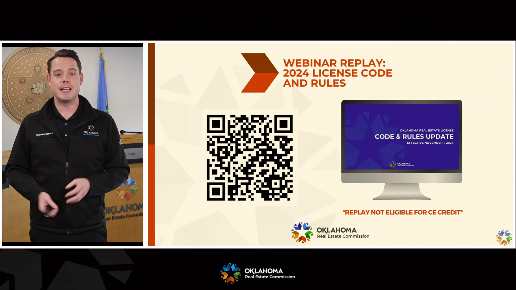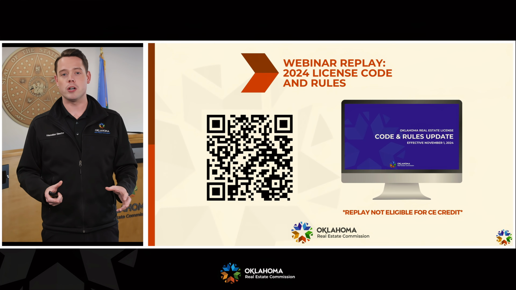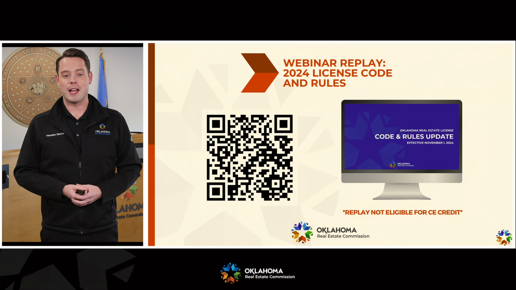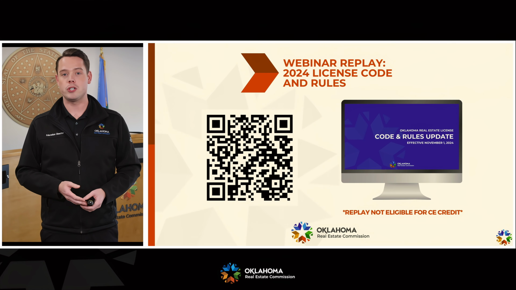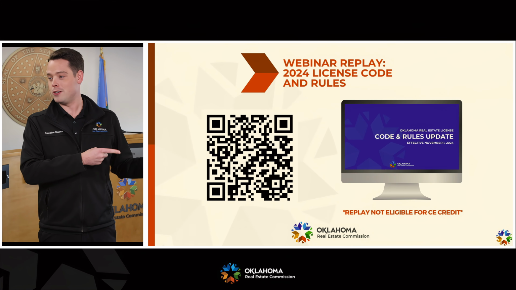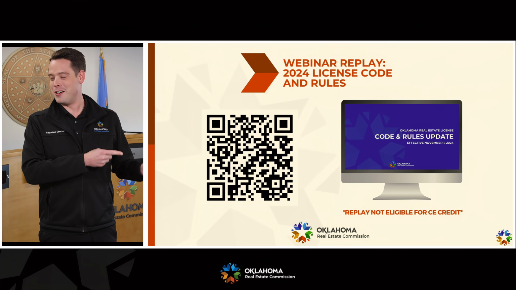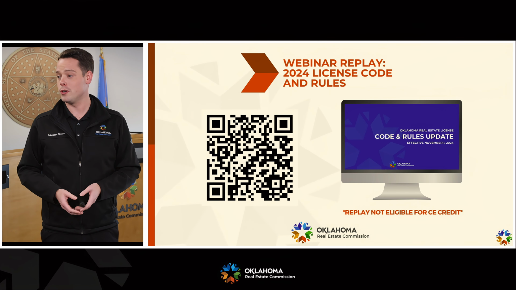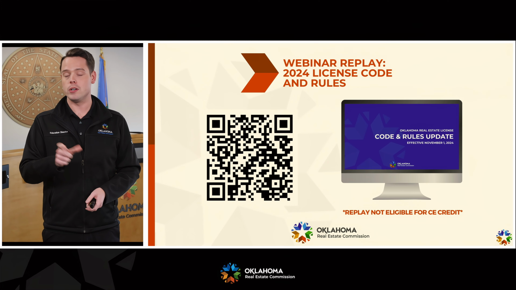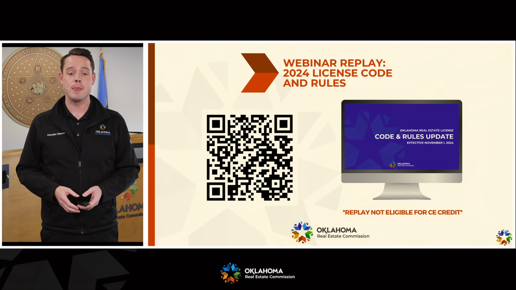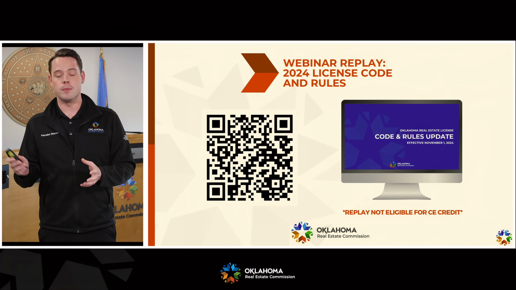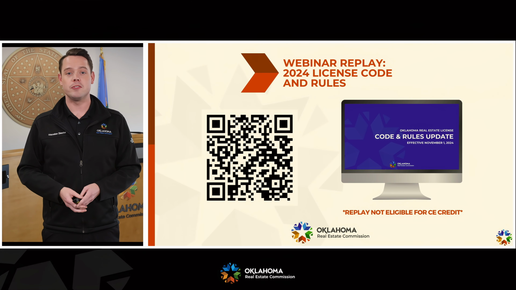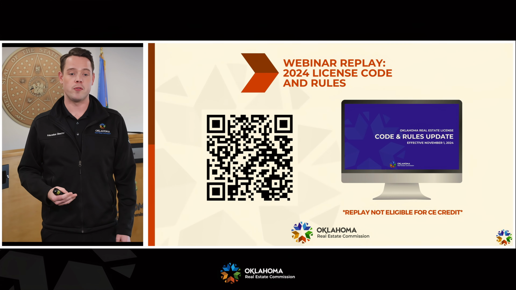As we get started today, if you missed our last webinar in October for the 2024 license code and rules, there's a QR code showing on your screen now. I got the direction right this time. In the center of the screen you'll see a QR code, and you can scan that and it will take you to the YouTube video that goes over the most substantial code and rule updates that were effective November 1st of 2024.